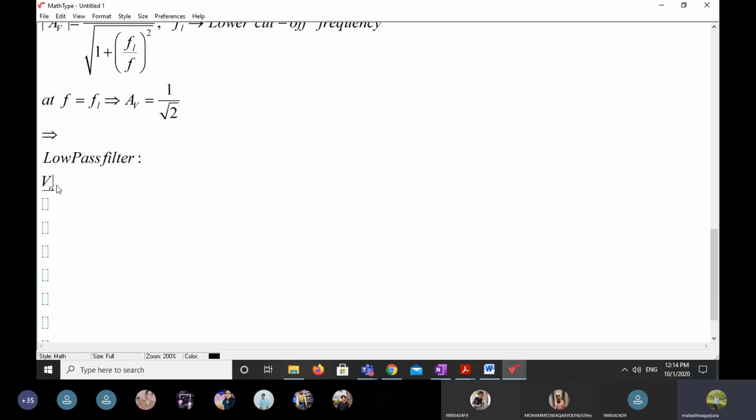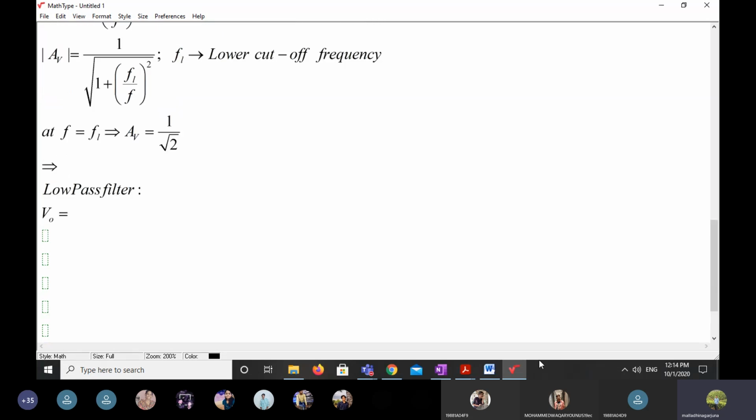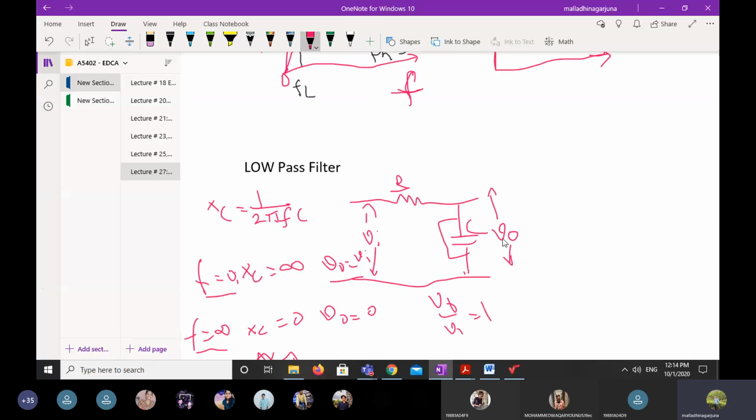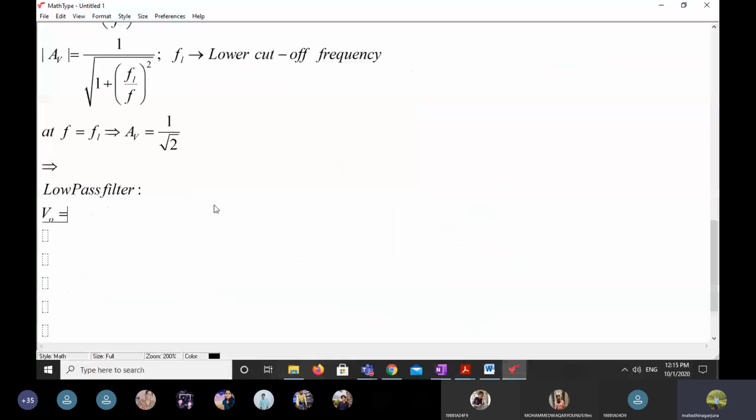Low pass filter, V0 equals, okay, see the circuit, we are taking the output across the capacitor. So the voltage division rule is Xc divided by R plus Xc, into Vi.